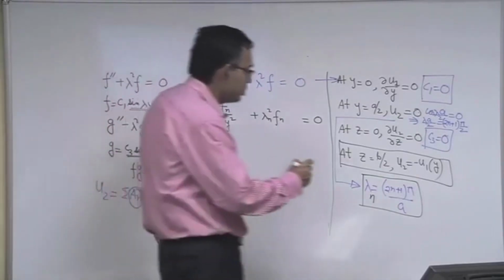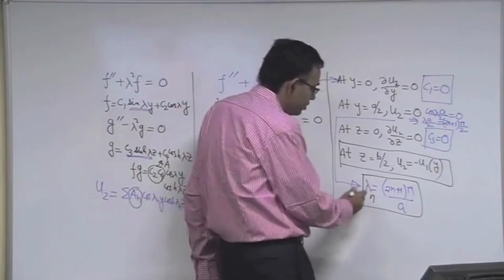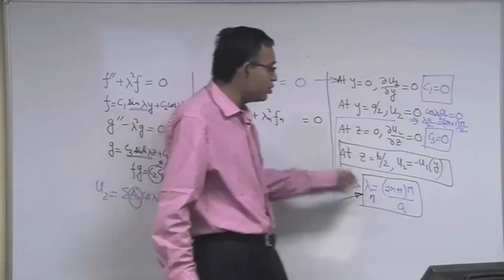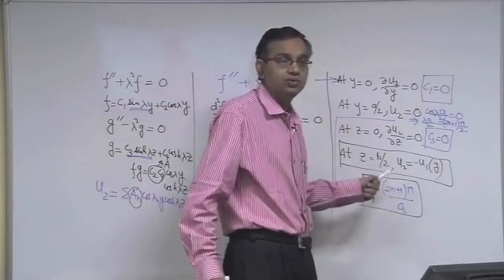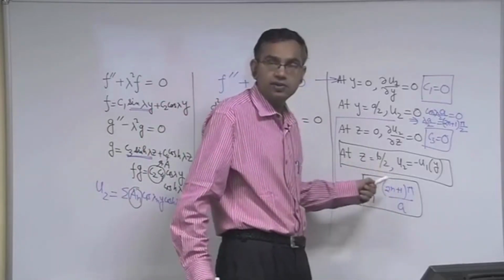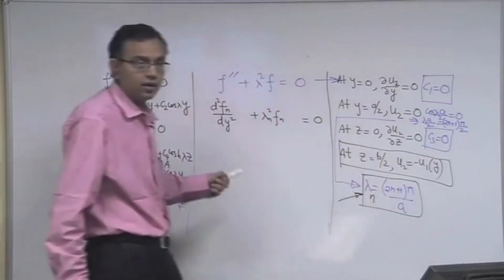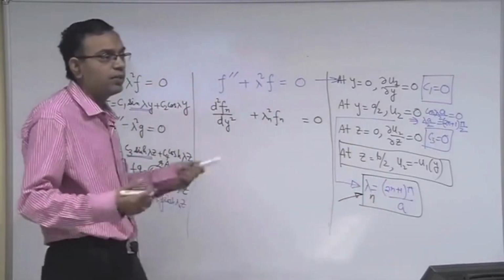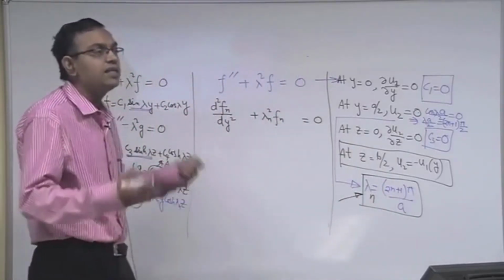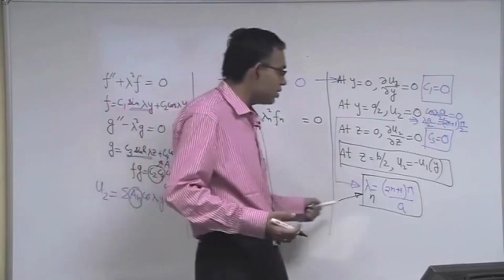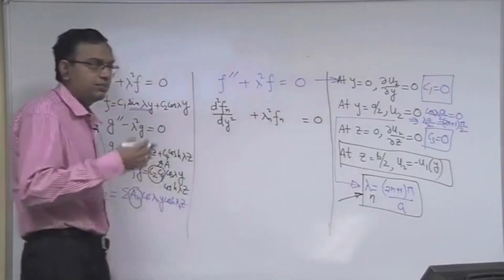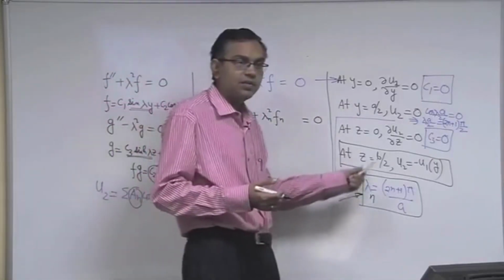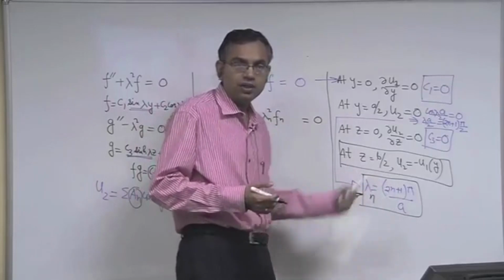So, these possible values of lambda n are the values which give rise to a non-trivial solution of u2. These are called eigenvalues. You are familiar with eigenvalue problems in linear algebra; this is a sort of eigenvalue problem in differential equations. The meaning is very similar: you are getting a non-trivial solution for these values.